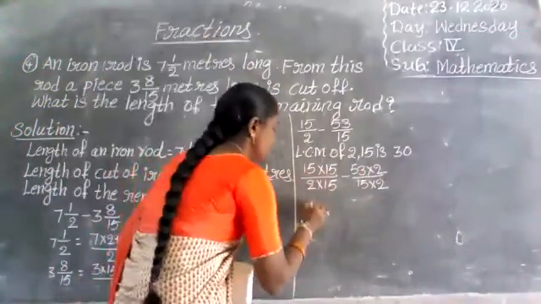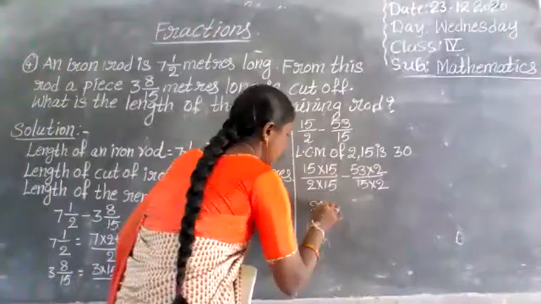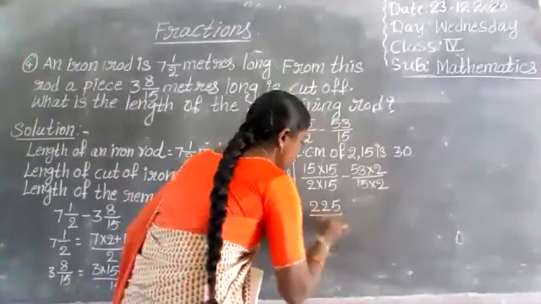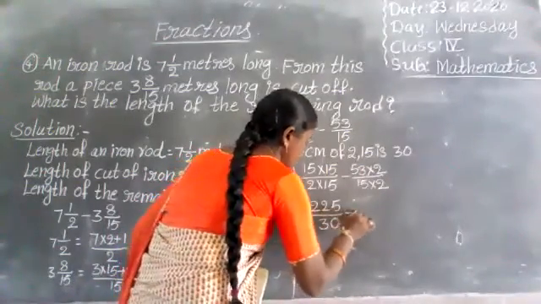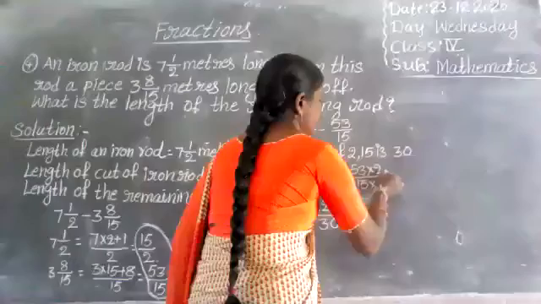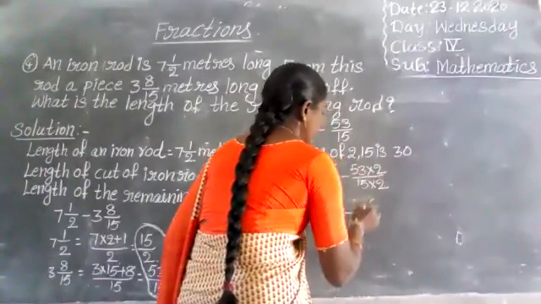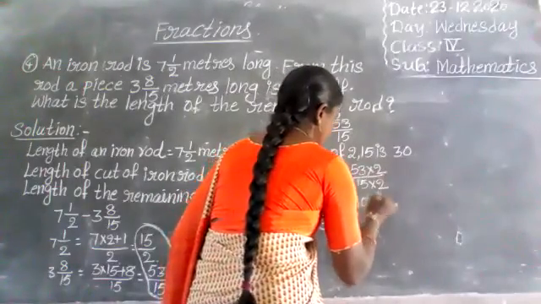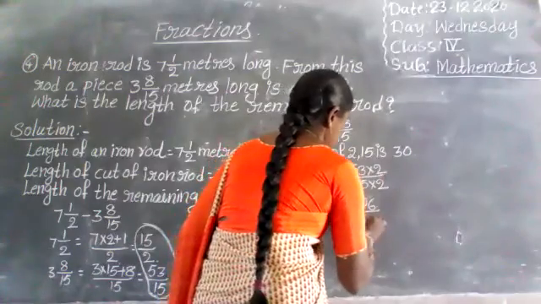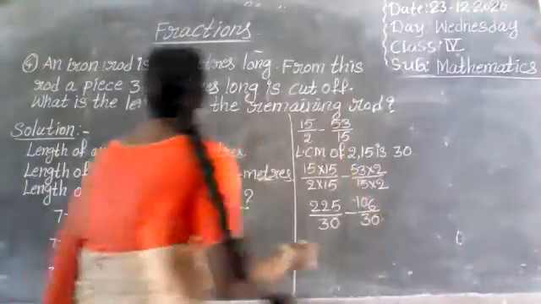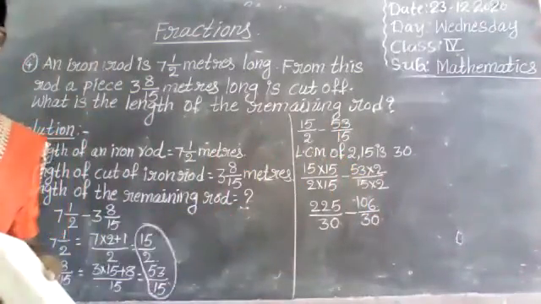15 15s are 225 by 30 minus 53 2s: 2 3s are 6 and 2 5s are 10, 106 by 30.